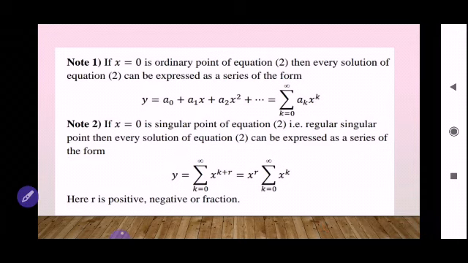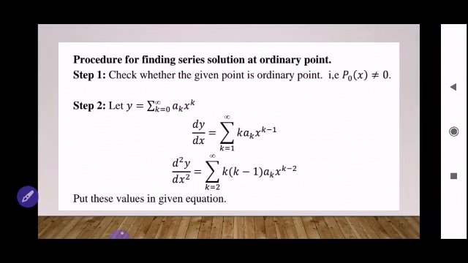So this is related to the solution. Now how to solve the problems? Some procedure is given here, first for the ordinary point, and then the singular point. The procedure for finding the series solution at ordinary points: our first step is to check whether the given point is an ordinary point or not. Means for x equal to 0, check whether p0 of x is equal to 0 or not.